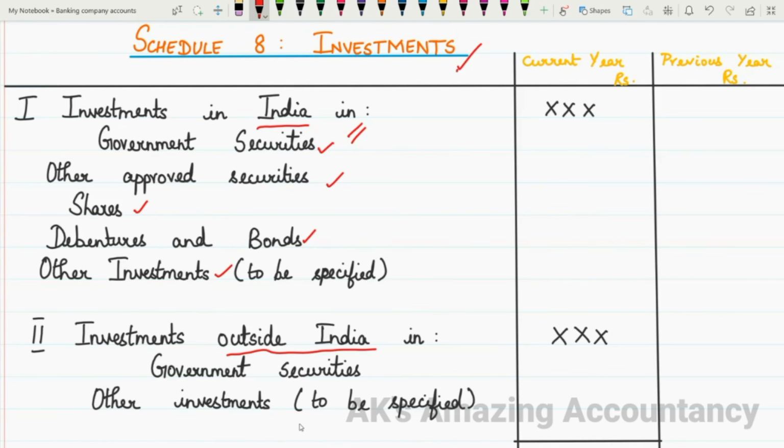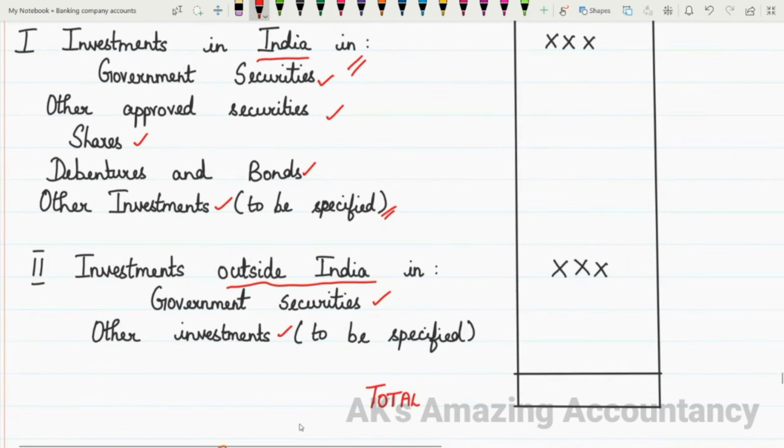So you have to specify what sort of investment it is. That's why it is given within brackets to be specified. And if you are given any investments made outside India, if it is in government securities, that has to be mentioned here. And if you have any other investments outside India, that will be mentioned under other investments. So all this will come under the heading investments.